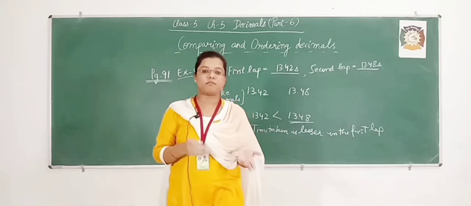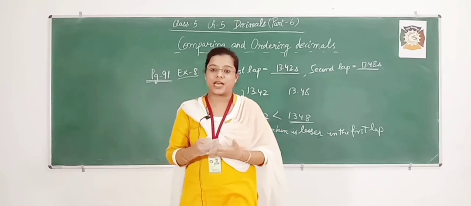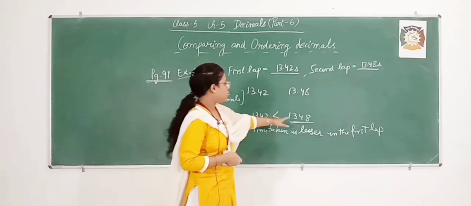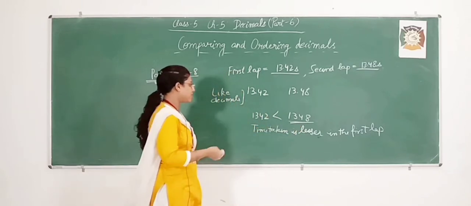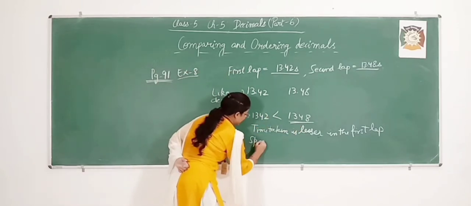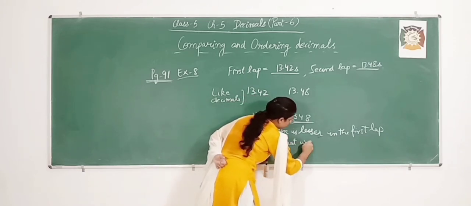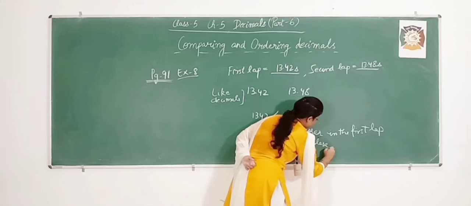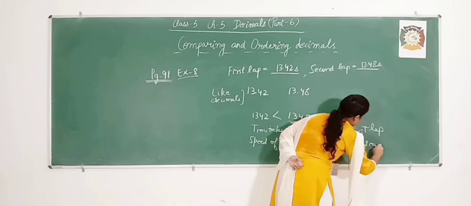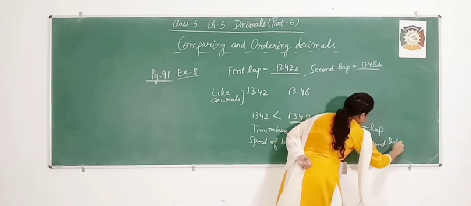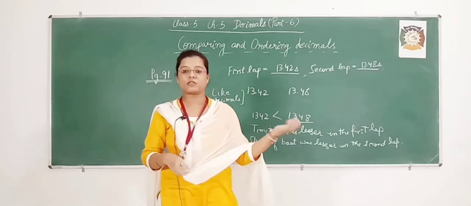The distance was same but the time taken is more. That means the speed of the boat must have reduced in this lap, that is the second lap, right students? So your answer will be: the speed of the boat was less in the second lap. Okay students, so this is the answer for this example.